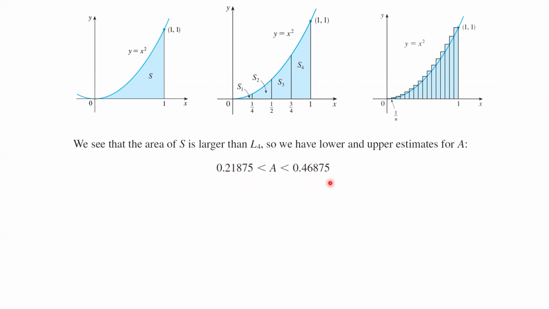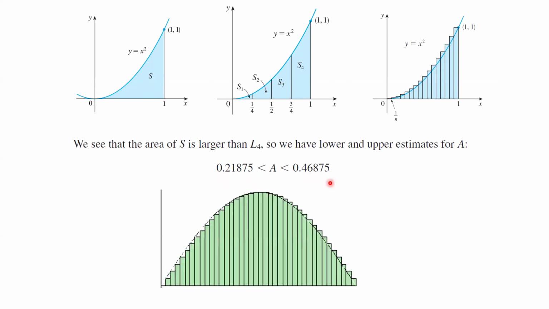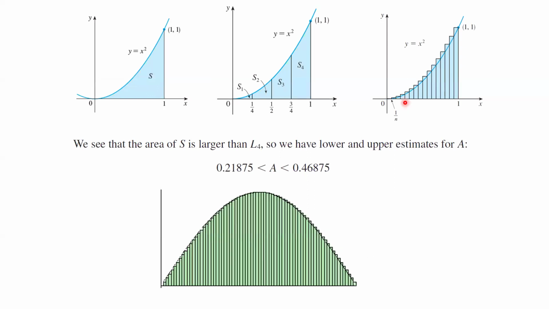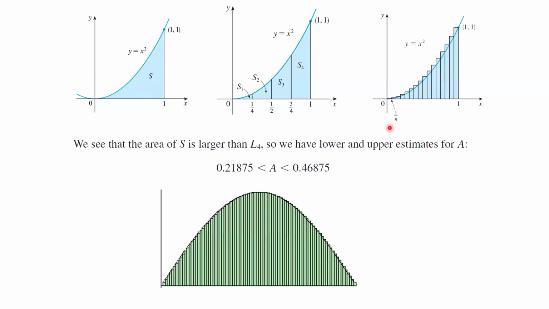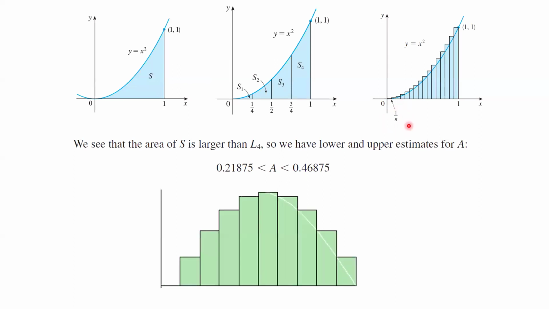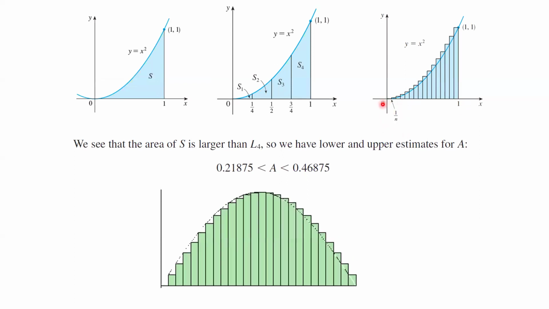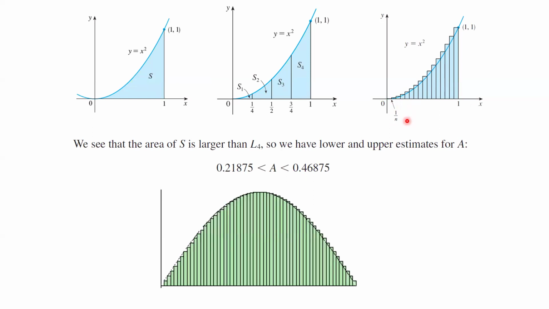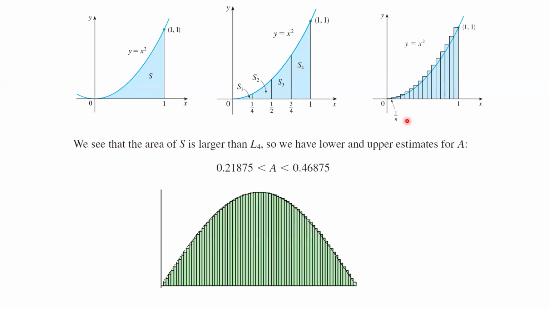To get a better approximation, as we mentioned before, we need to increase the number of rectangles. If you do that, the width of each subinterval, in this case, is (1 minus 0) divided by n. Then you take the limit and calculate the integral.